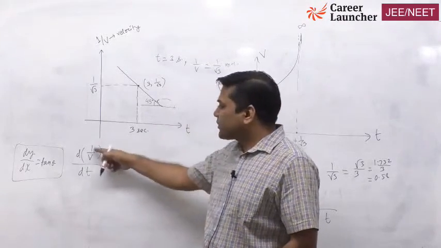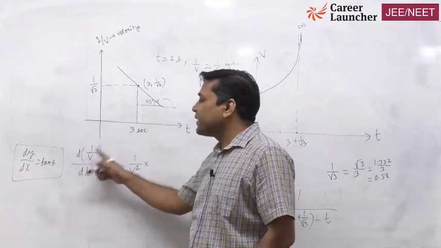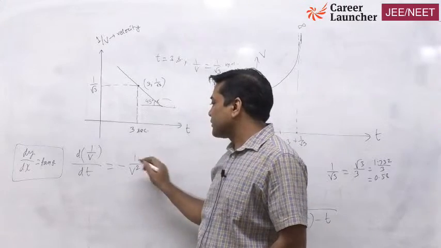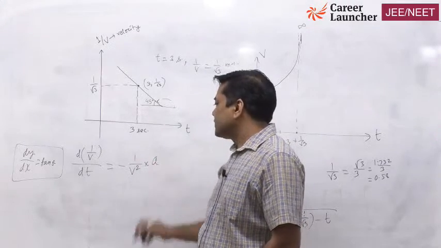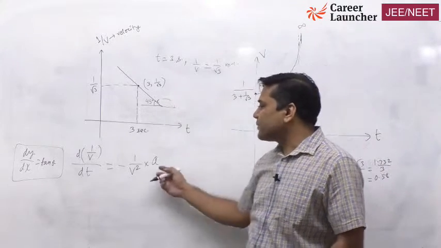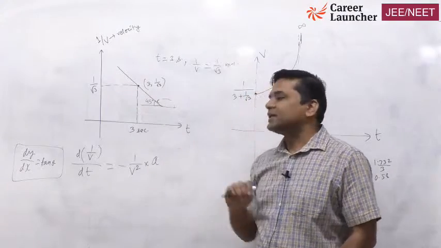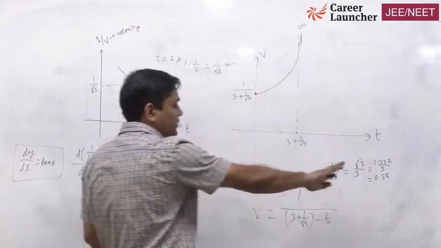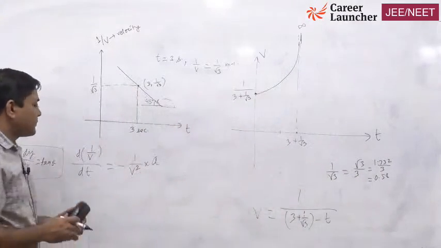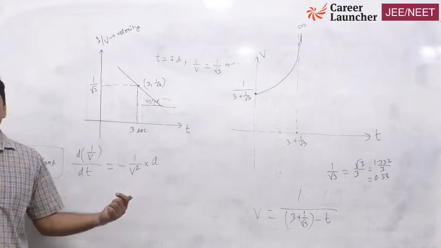How? Because the differentiation of 1 by v is minus 1 by v square into dv by dt, chain rule. So dv by dt is a. So you can say that the slope gives us a value of a by v square. It's just giving you this data, which I have just now used to solve this question. So slope has a meaning of a by v square at maximum.